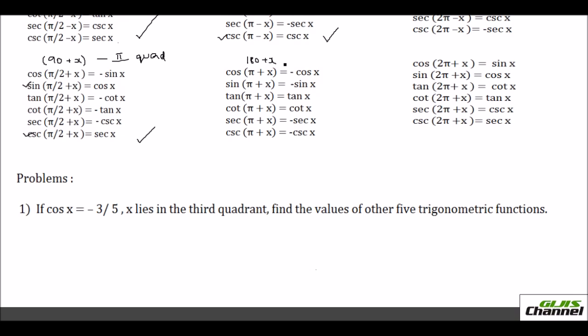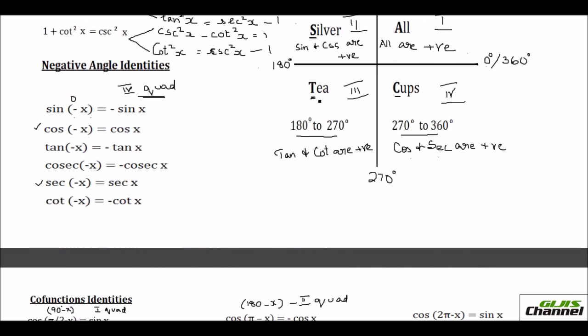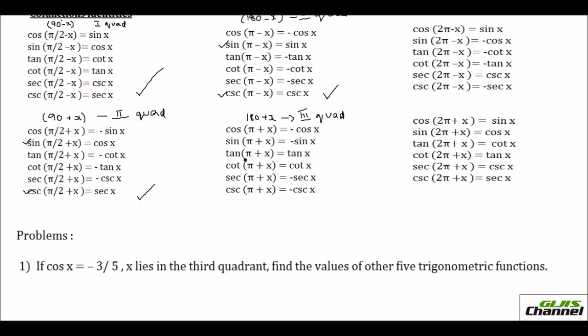Now for the sign, since it is 180 plus x, it should be in the third quadrant, right? In the third quadrant, we know the tan and cot are positive, the mnemonic being 't cups, t'. So you just mark the tan and the cot positive, and the rest will be negative. Understood? So this is also completed.